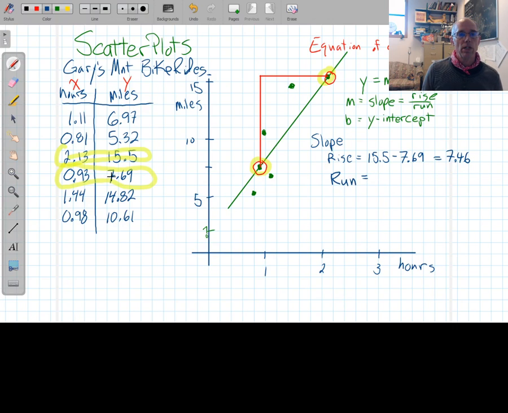And the run is going to be the time. So the time down here was about 0.93, and the time over here is 2.13, which is about over here-ish. So what is 2.13 minus 0.93? And so we could check that on a calculator.